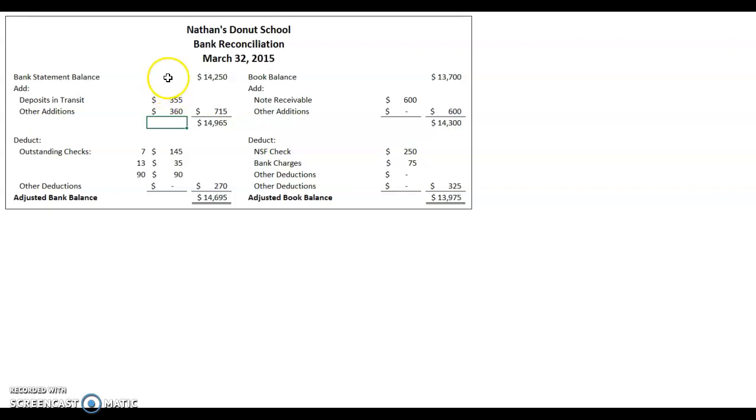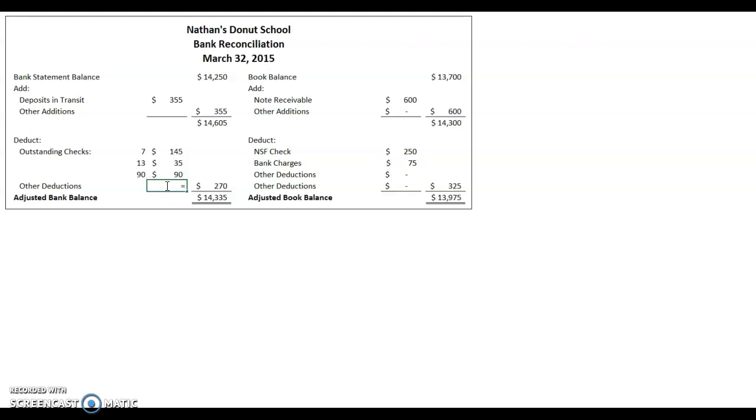So this is a basic bank reconciliation. We need to go back and make sure that was in the wrong spot. That would actually be a deduction.